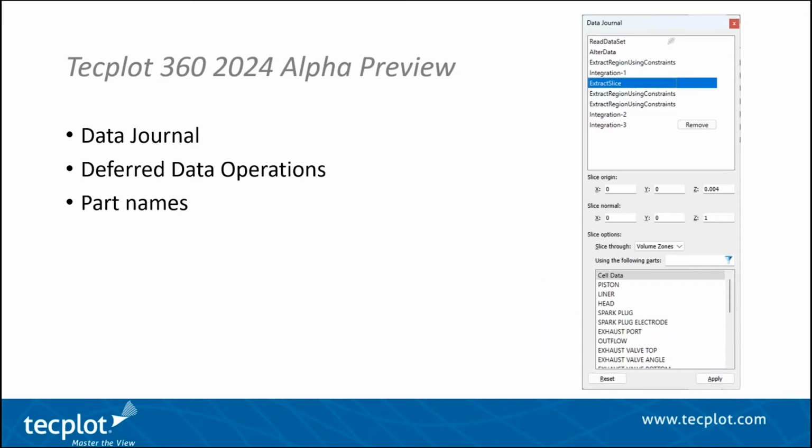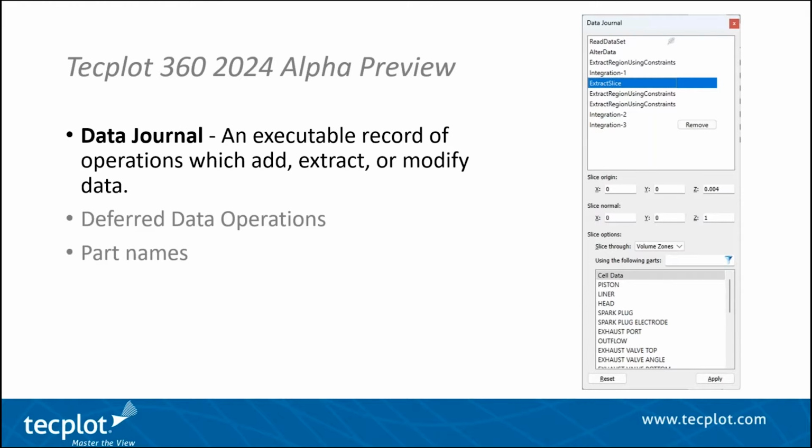So in order to accomplish all this, we're introducing 3 new capabilities or terminologies. One is called the data journal, then deferred data operations, and then something that we're calling part names. And we'll dive into a definition of each one of these here. So a data journal is this GUI component that you see on the right side here.